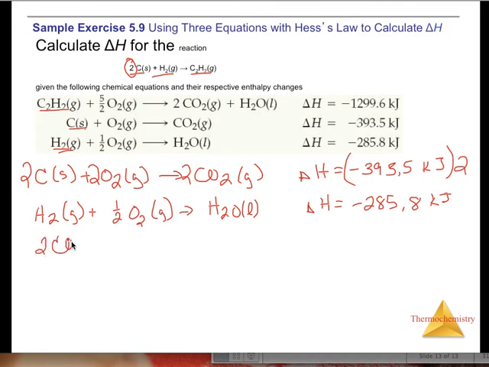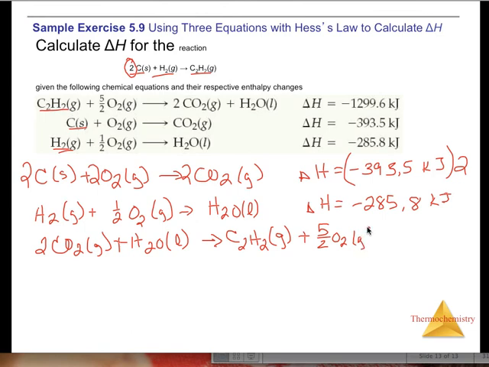So 2 carbon dioxides from here, plus a water molecule in the liquid phase, goes to the C2H2, ethyne, plus 5/2 O2 gas. Sorry, I write big. Change in enthalpy there is negative 1299.6 kilojoules.